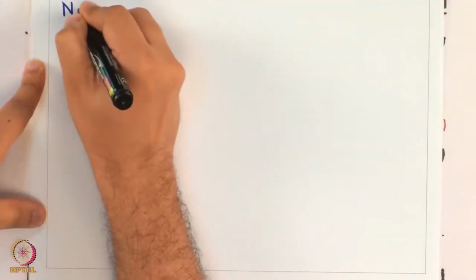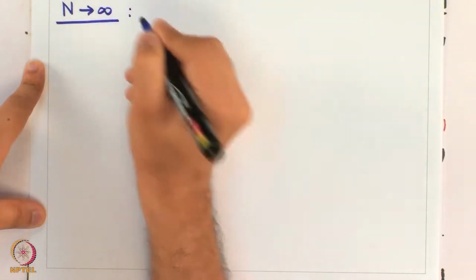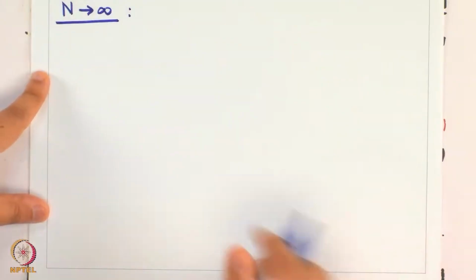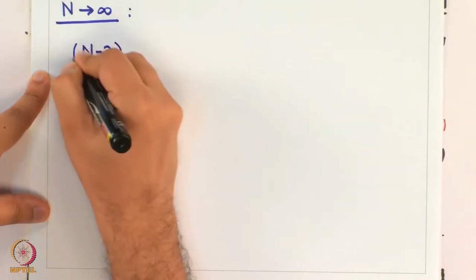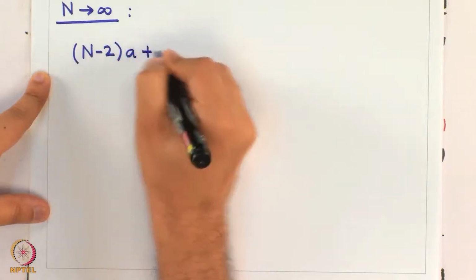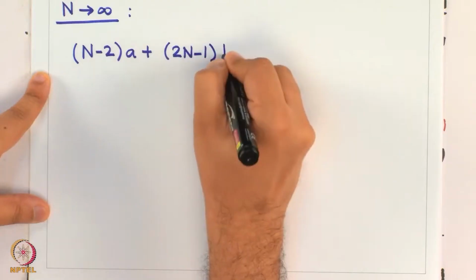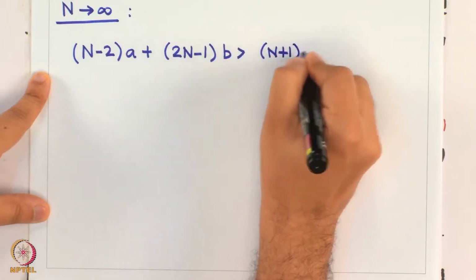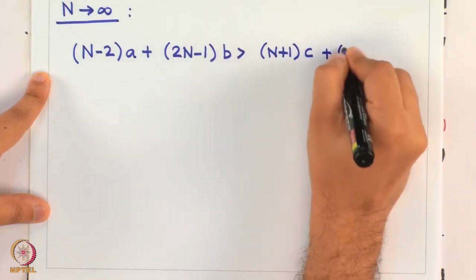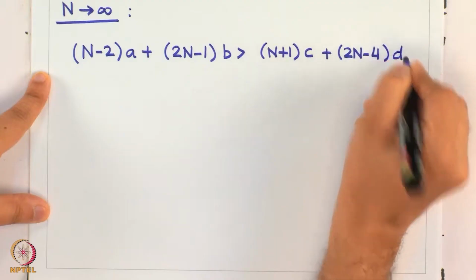The case that we take is N is very large, or N approaches infinity. In that case, remember we are working with the relationship N minus 2 times A plus 2N minus 1 times B should be greater than N plus 1 times C plus 2N minus 4 times D.